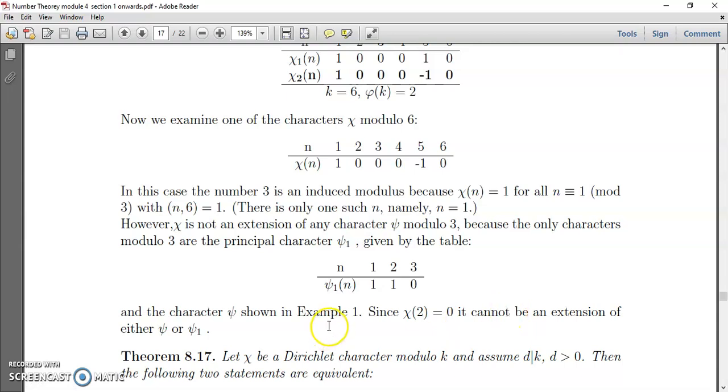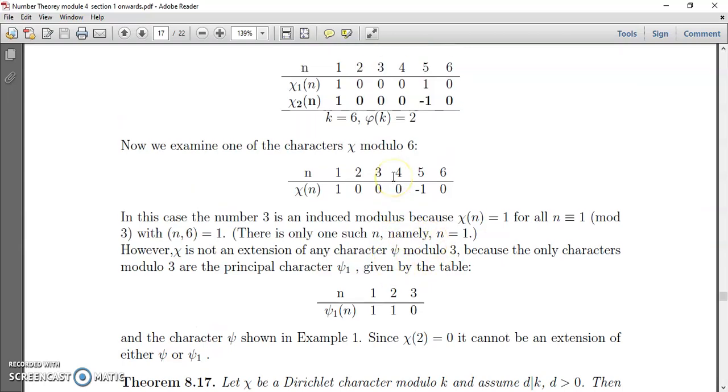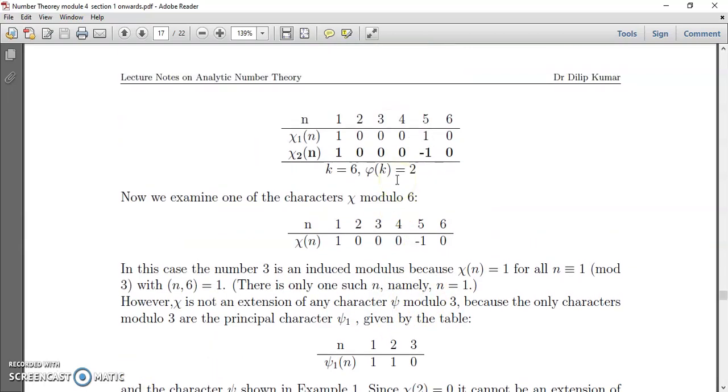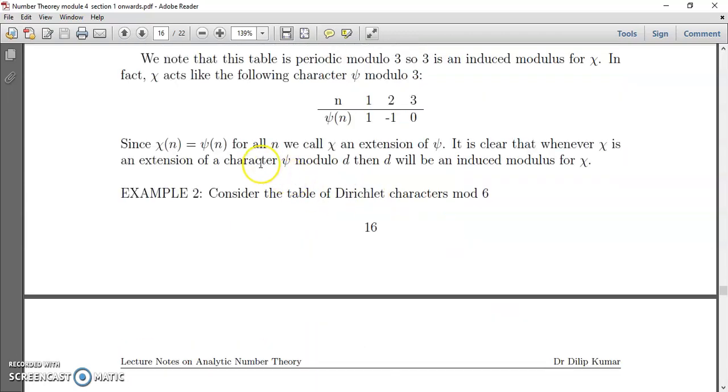So what we have understood is that even though D is an induced modulus for chi, we cannot say that chi will be an extension of psi. But if we can find a psi such that chi is an extension of psi, then clearly D will be an induced modulus for chi.